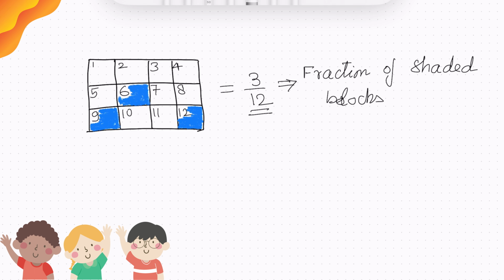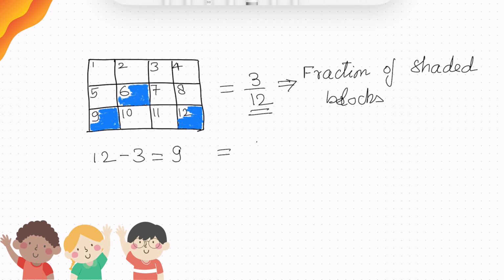Now if I ask you to tell me the number of blocks which are not shaded, there are two ways we can do. Number one is we can count simply 1, 2, 3, 4, 5, 6, 7, 8, 9. Another is we can subtract. We know the total number of blocks are 12, right? The blocks which are shaded are 3. So if we subtract 3 from 12, we will get the number of blocks which are not shaded.